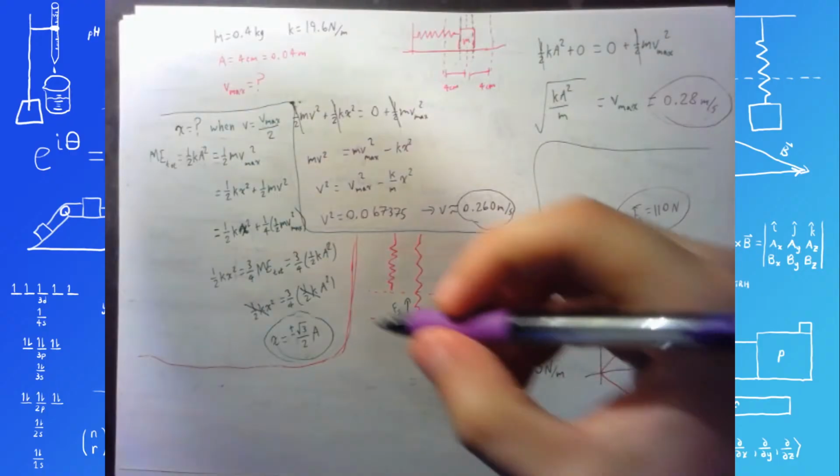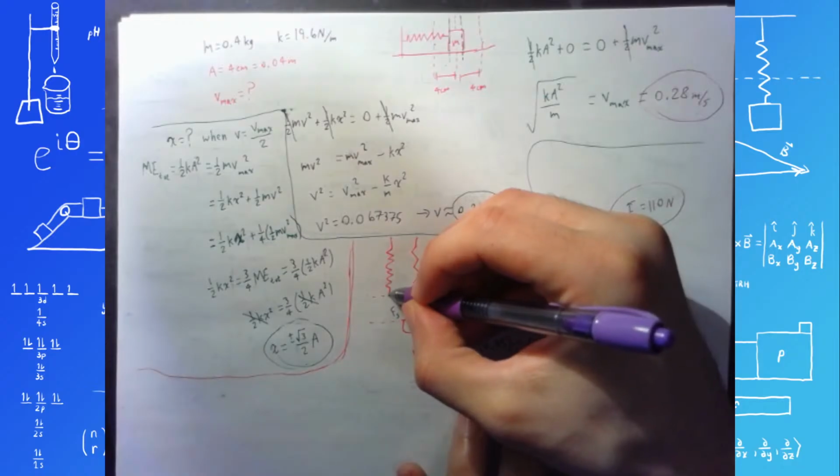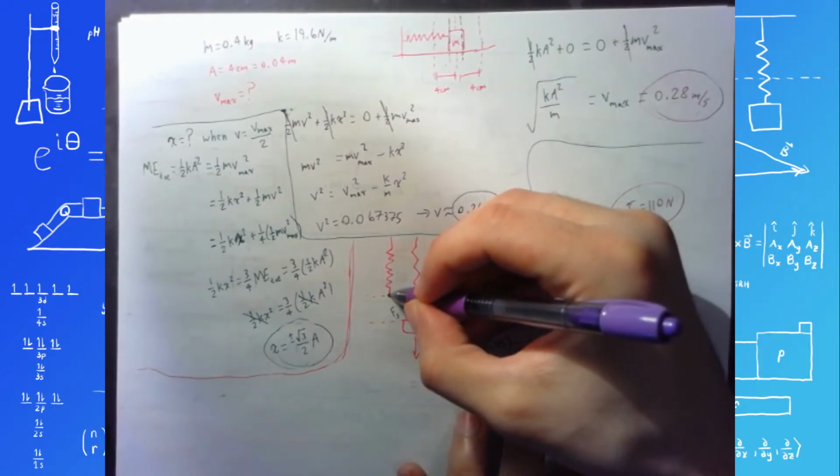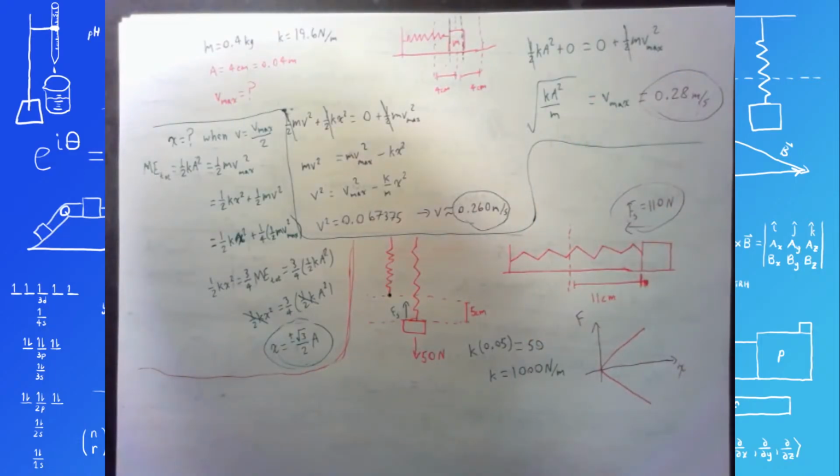And that simple adjustment is, instead of measuring the equilibrium position from its original length, we define a new equilibrium position based on where the gravitational force and the spring force cancel each other out and are in equilibrium.